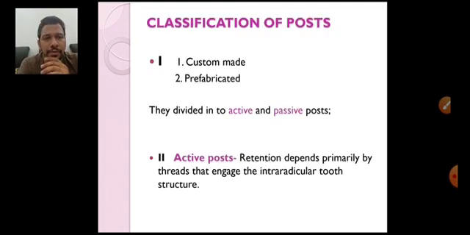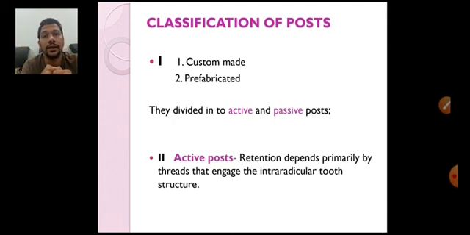Now coming to active post, take that same example. You created a hole of 5 millimeter diameter and you took a nail of 6 millimeter diameter, which is slightly more in size. So when you try to push it inside, it will not just go like that. You are supposed to take a hammer and hit it so that it goes inside.